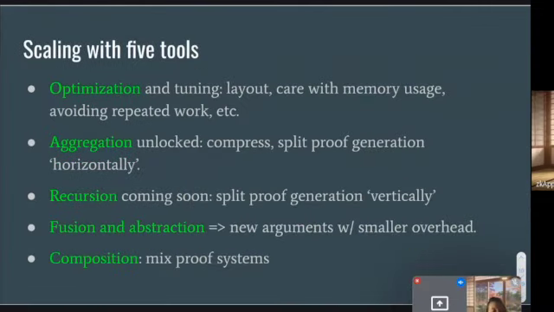The way we want to scale these models is a combination of hand tuning, optimization, proof aggregation, and recursion, which I'm hoping we can use directly because Mina has it natively, and then this fusion of operations and composition, which is also relevant to incorporating Mina.